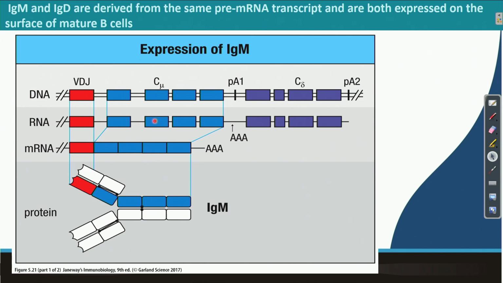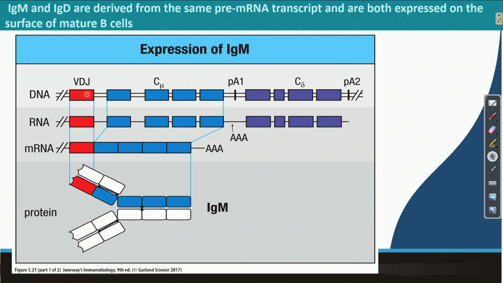C mu and C delta part, VDJ is already recombined. Then immediately after that, this is the DNA. I told you once and I am reminding you again that when there are two lines between these boxes, that means DNA, and when there is one line, that is RNA. Okay, because it is just a cartoon, and it also signifies the double strand and single strand.